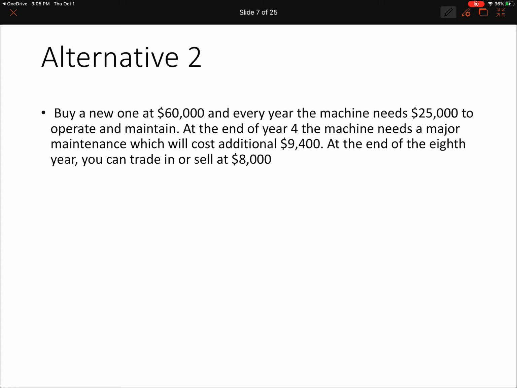Okay, first we draw the diagram. We draw it here. So still 8 years, 0, 1, 2, 3, 4, 5, 6, 7, 8. So at the beginning, you want to pay for a new machine, new equipment, which is more expensive than the used one, 60,000.